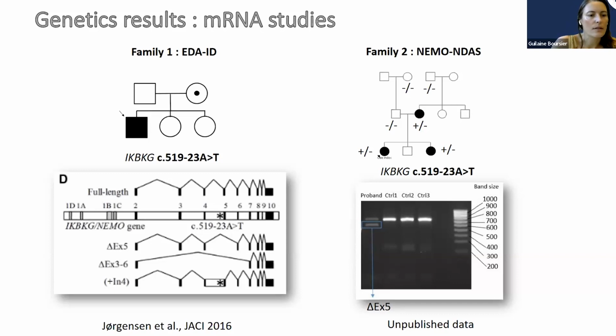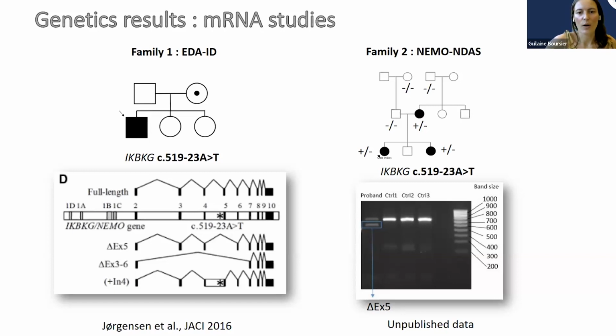The subsequent sequencing demonstrated the presence of NEMO lacking exon 5 in this patient, transcripts lacking exons 3, 4, 5, and 6, and also a transcript longer than the full-length NEMO transcript, possibly representing missplicing of intron 4, generating a transcript harboring truncated intron 4 stretches. So a complex translation of this mutated gene.